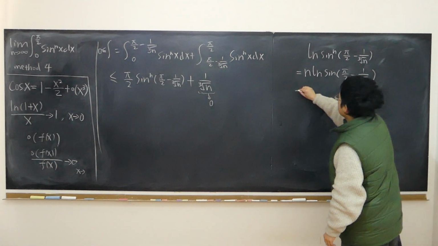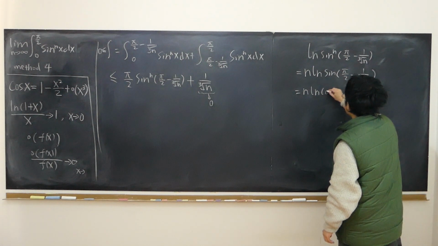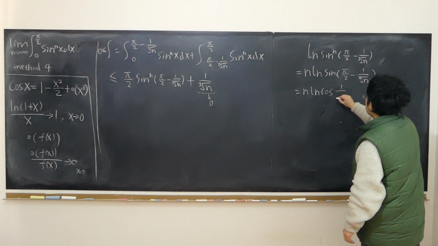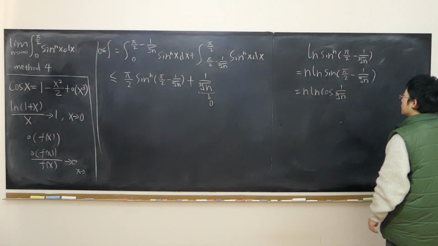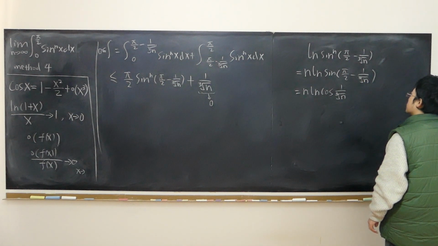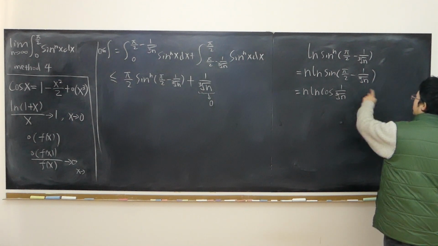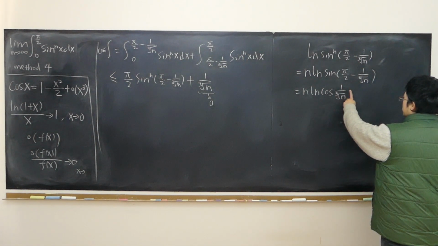Now, that is equal to n times log of cosine of 1 over cubic root of n. That is using the trig identity: sine of half pi minus something equals cos of that something.